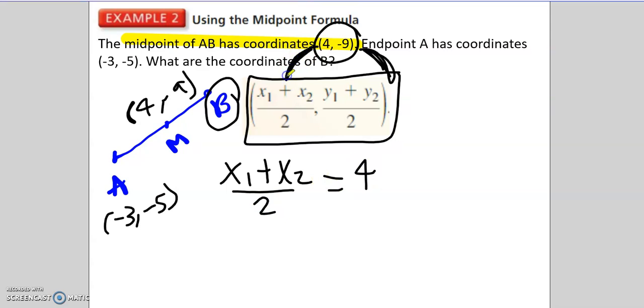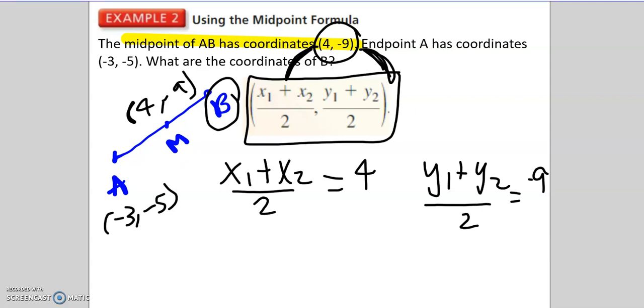And then y1 plus y2 divided by 2 is -9. Right, guys? Because that is the midpoint. It tells me 4, -9 is the midpoint. Well, that's the formula I would use to find the midpoint.